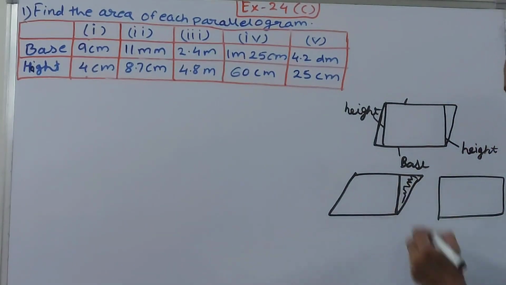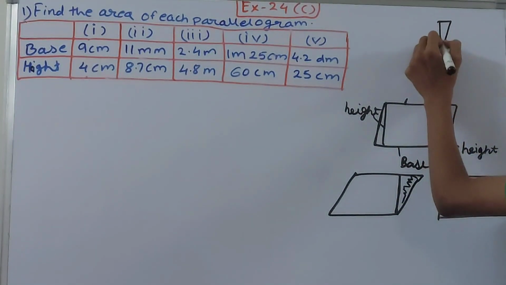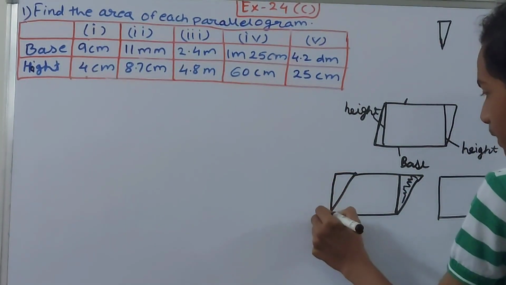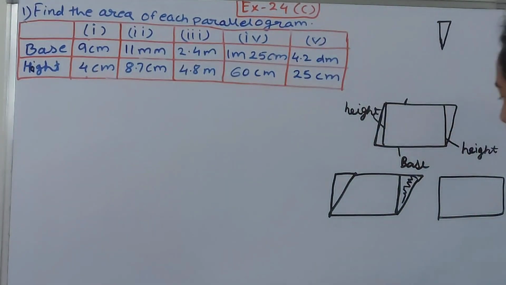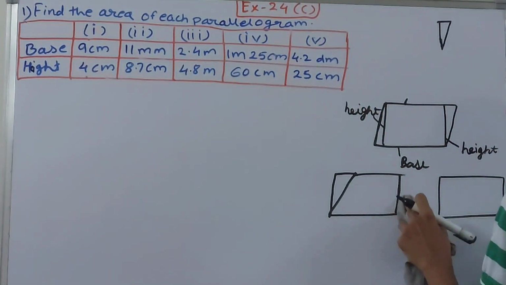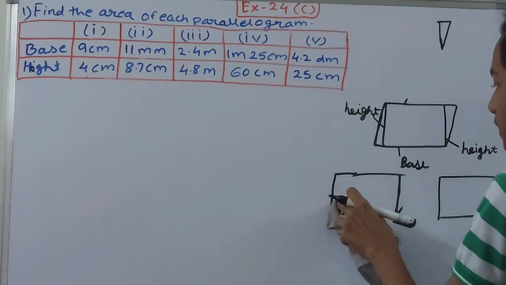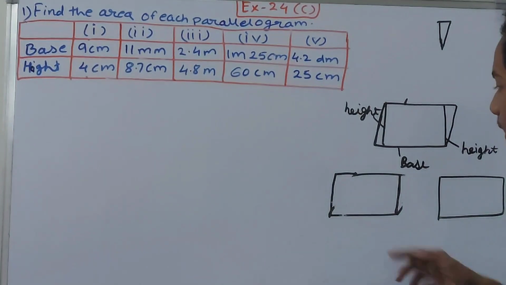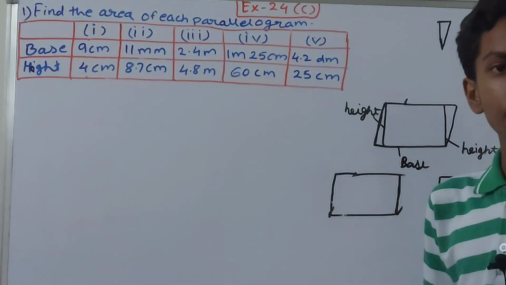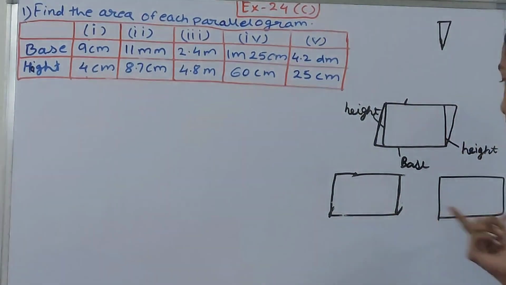If I put it here, we will get again something like this figure, and this part will be removed. If I remove the line in the middle, we can see that we get a rectangle only. However, it's not looking very accurate here, but if you do it correctly with your scale, you'll find that this is the same as a rectangle.